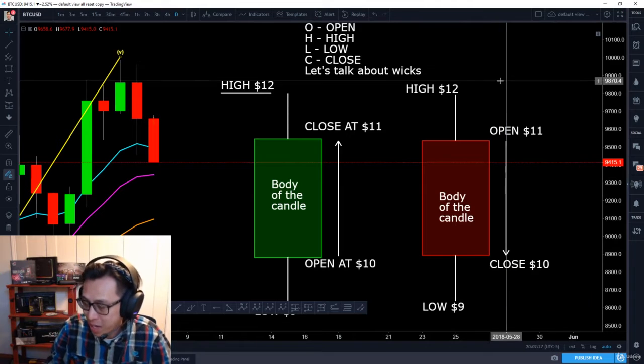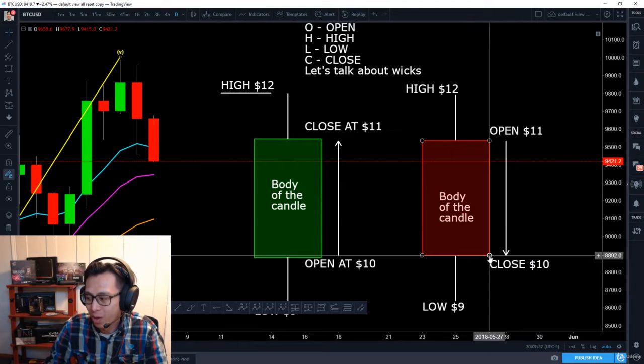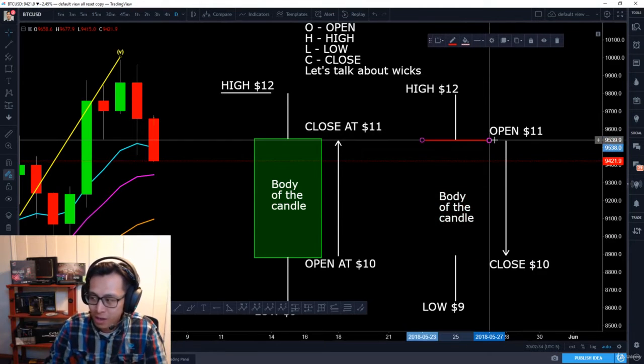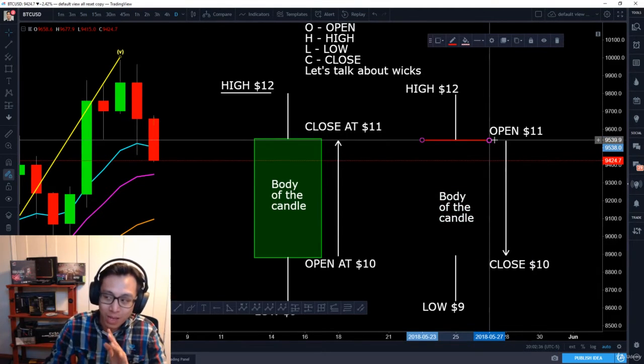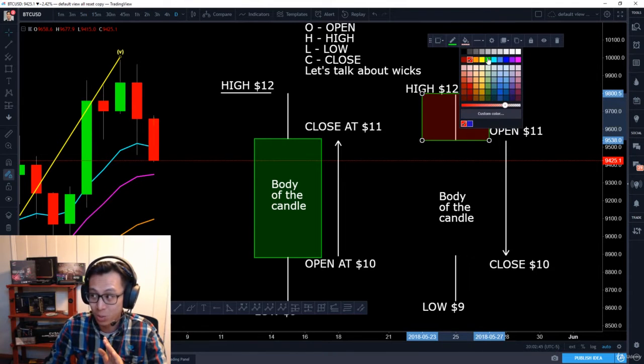All right, let's get into this, guys. So let's say that we opened at $11 right here, right? What could have happened in this candle is that, first of all, it would have been a green candle, because we're going up.